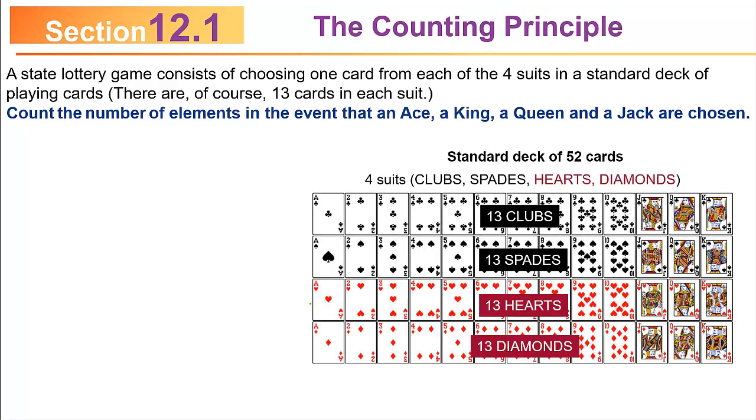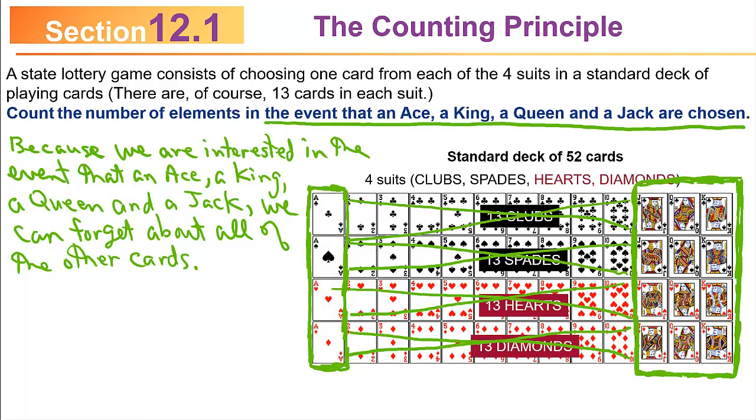So if you think about your deck of cards, you've got 52. But we're only interested in the event that an ace, a king, a queen, and a jack are chosen. So you can completely forget about the twos, the threes, the fours, the fives, the sixes, the sevens, the eights, the nines, and the tens.